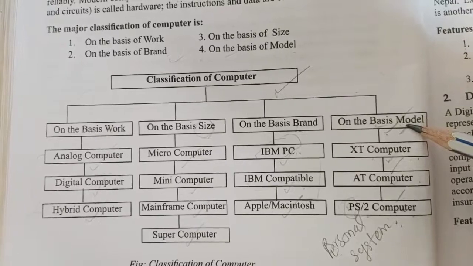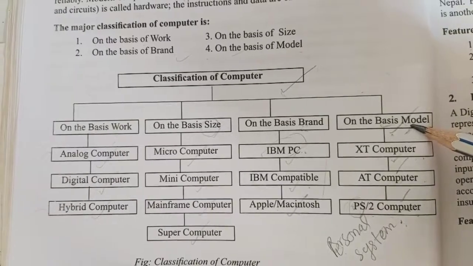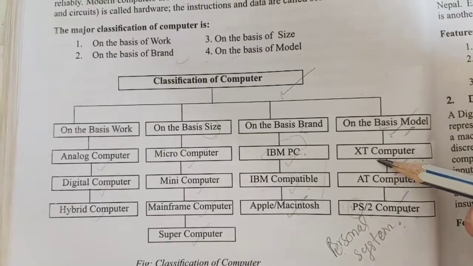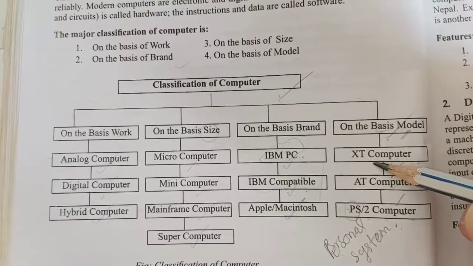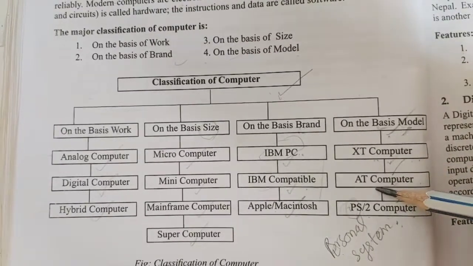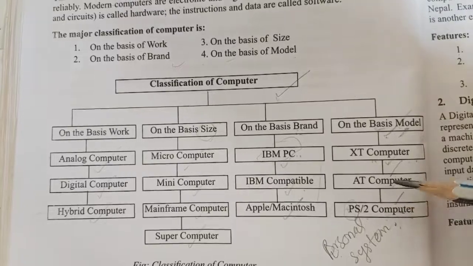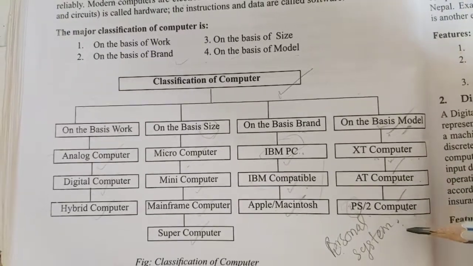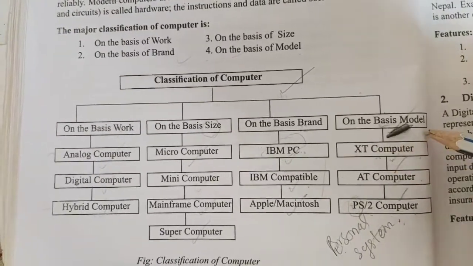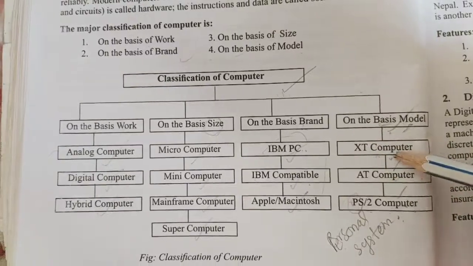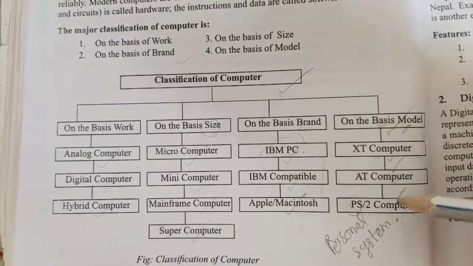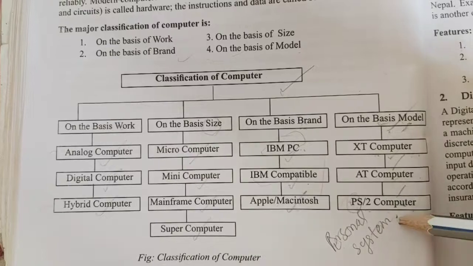Like we have models in mobiles, like Samsung mobile has different models: Samsung Galaxy, Samsung Note, Samsung M series. These are all different models in a mobile, and similarly these are the different models in computers: XT computer, AT, PS2 computer, and there are others also.